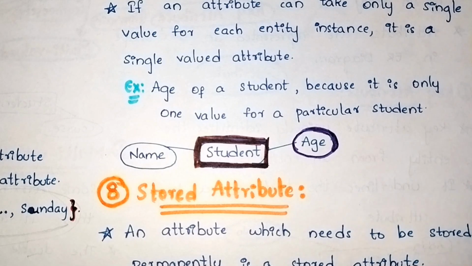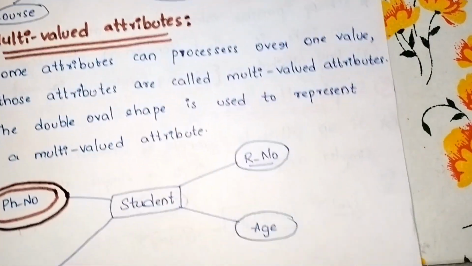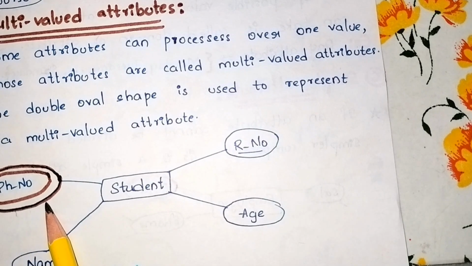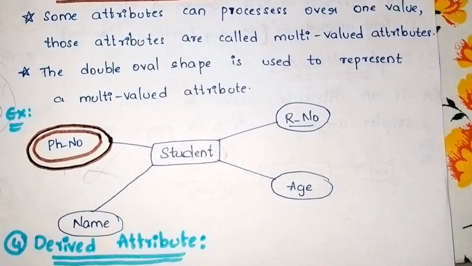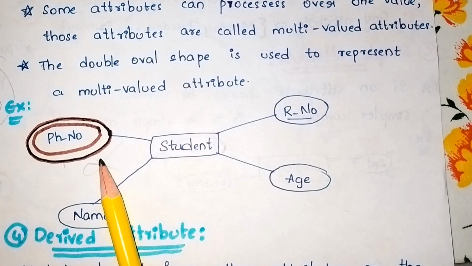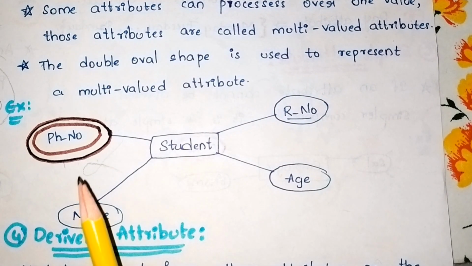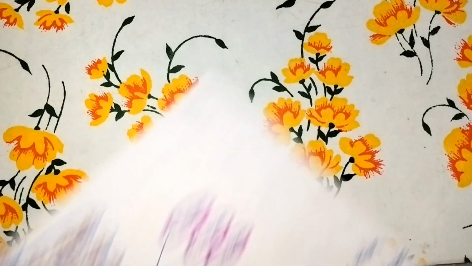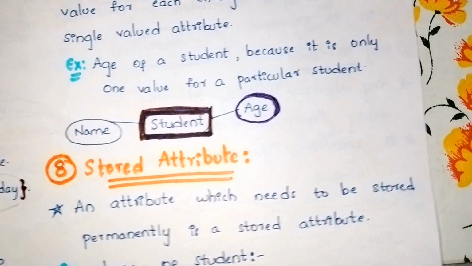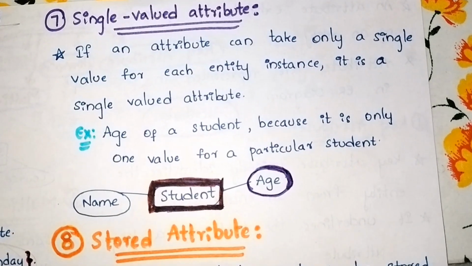As we have already seen in the previous example, phone number takes multiple values. It is a multi-valued attribute, but it is not a single valued attribute. A single valued attribute is the one which takes only one value but not more than one value. A single valued attribute is the opposite of the multi-valued attribute.